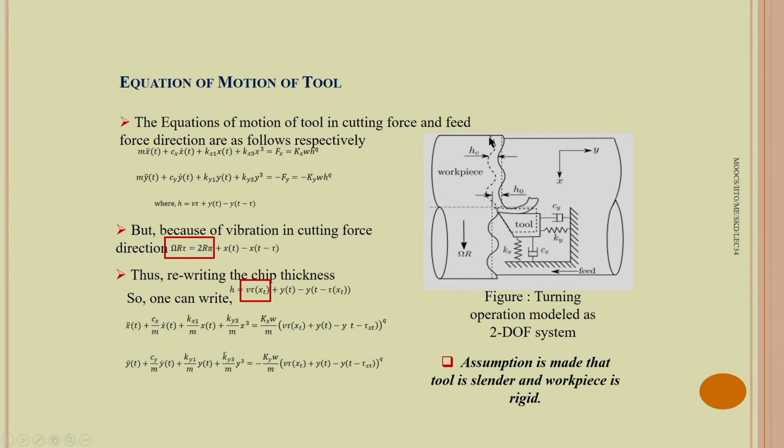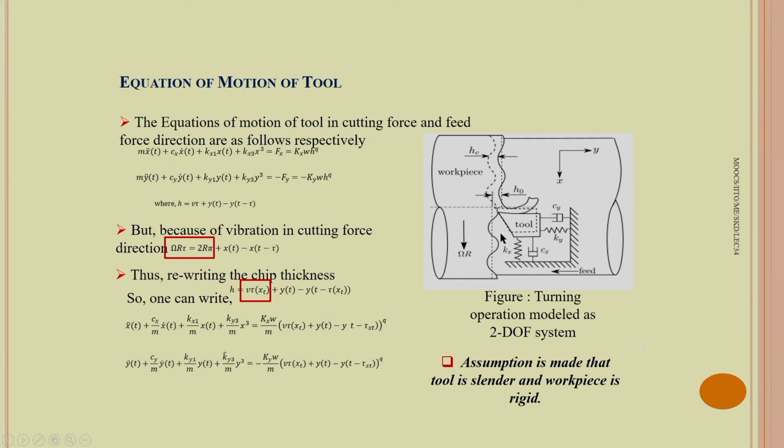There is an initial undulation in the cutting, so this is the chip, and the chip thickness is represented by h. Initially it is h0 and after some time it will be hc.